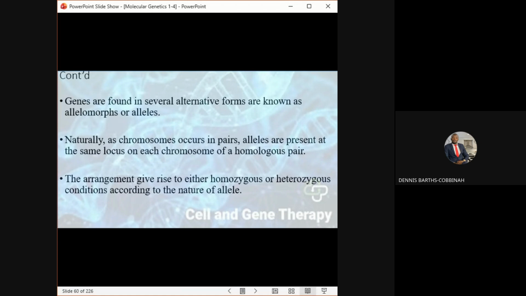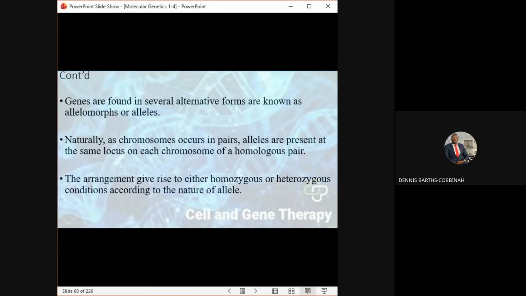Okay, so naturally, as chromosomes occur in pairs, alleles are present at the same locus on each of the chromosomes of the homologous pair. With the arrangements that give rise to either homozygous or heterozygous condition, according to the nature of alleles present, we can identify these alleles on both X and Y chromosome.